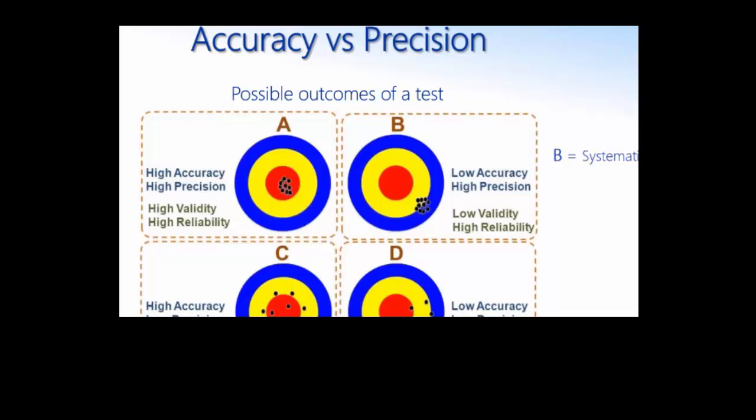Results such as presented in section B would indicate a systematic error. The C results will indicate a repeatability error. The results obtained in the D quadrant will indicate systematic error as well as repeatability error.